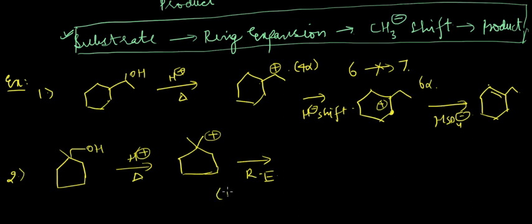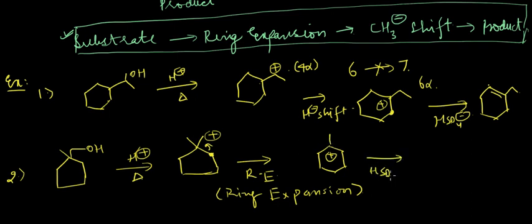This is a ring expansion, not resonance energy. Okay, so what will happen is this bond will go to attach with this carbon atom. Finally we will have something like this, positive charge here and a substituent here. Okay, now next HSO4 minus comes into the picture to form this as the major product.